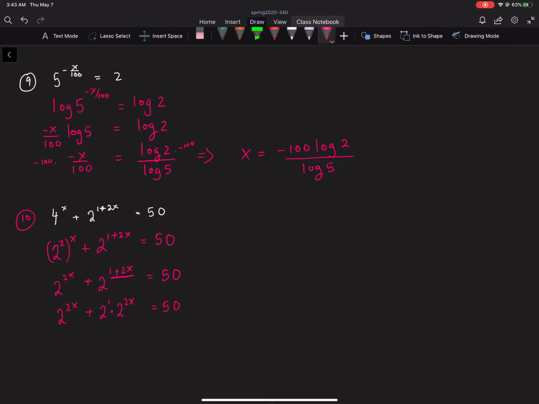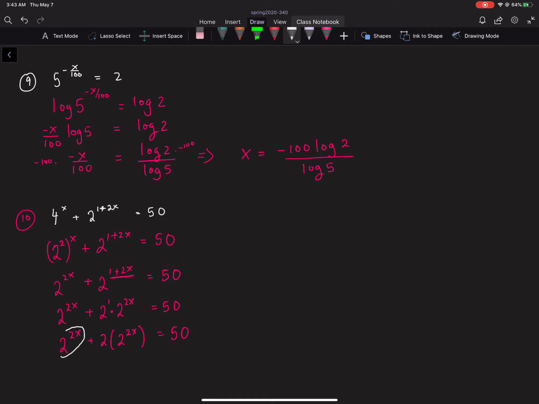All right, because now this is what I'm seeing: 2 to the 2x plus 2 times 2 to the 2x is equal to 50. I think I went a little bit ahead of myself.